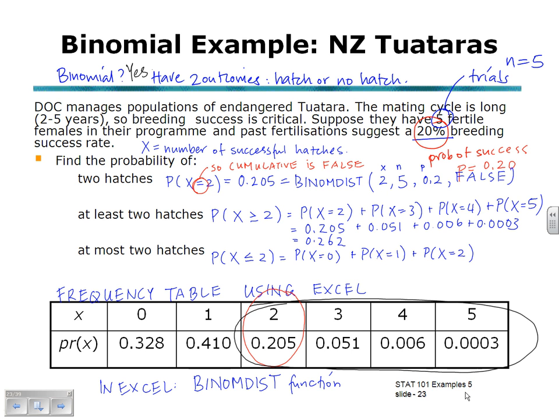Those 3 will give us our cumulative probability. So reading directly from the table, it will be the 3 values circled in blue. 0.328 plus 0.410 plus 0.205. So the probability of at most 2 hatches is 0.943.